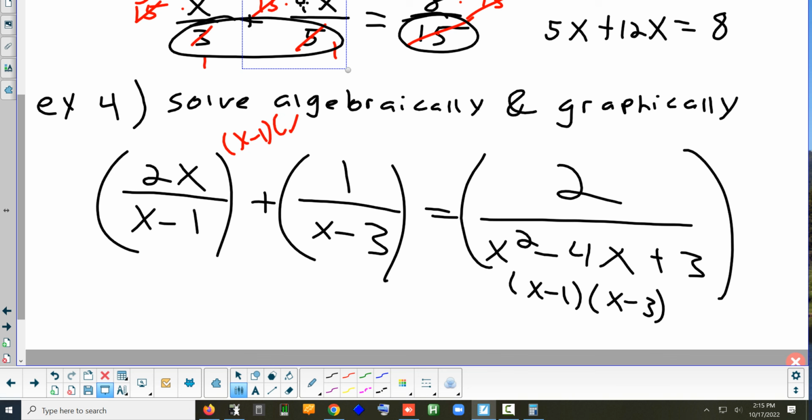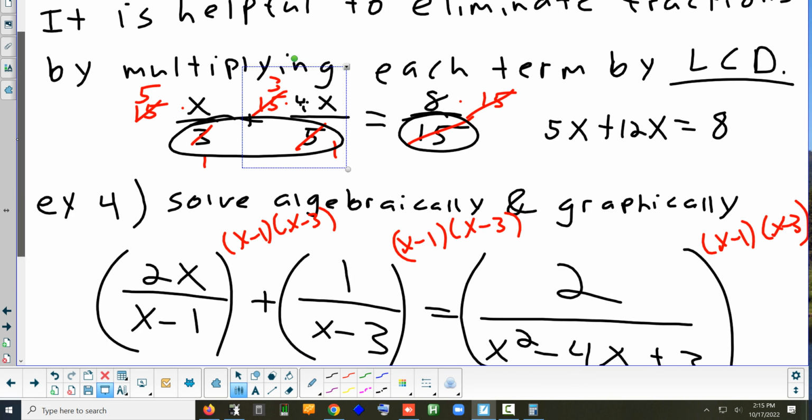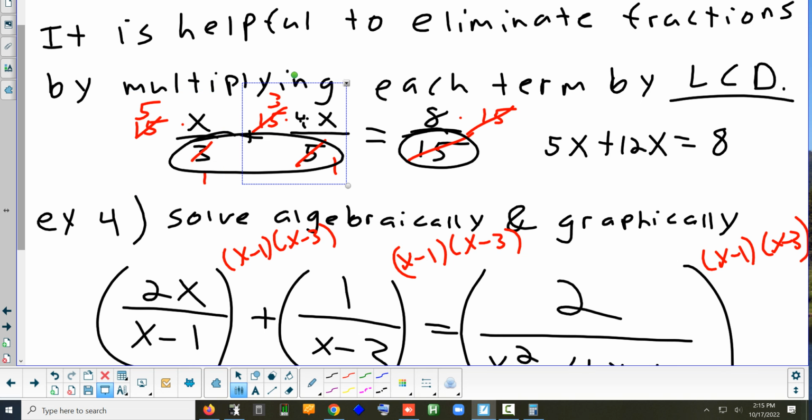So first one, second one, and the third one. If you pick the right thing to multiply by, something is going to cancel in every one of these. Just like here, something canceled, that's why I drew a line, in every part.